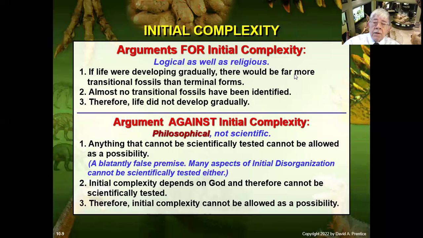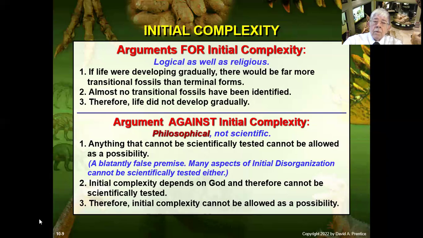So initial disorganization, evolution, objects because initial complexity creation depends upon God and therefore cannot be scientifically tested. Well, so what? So therefore, we cannot allow initial complexity as a possible explanation for everything.